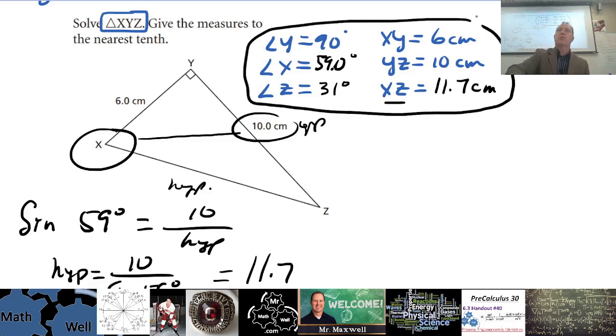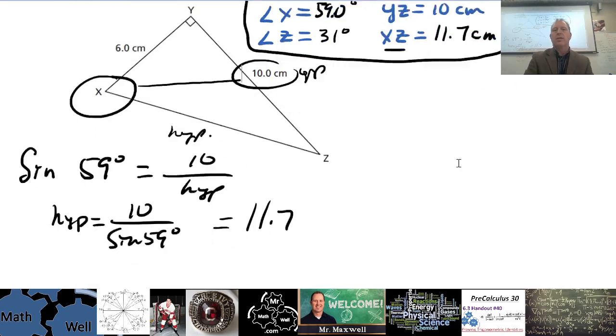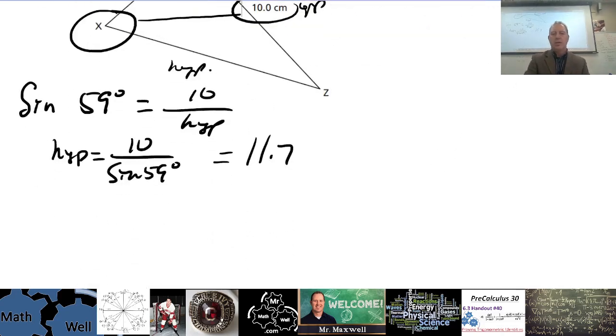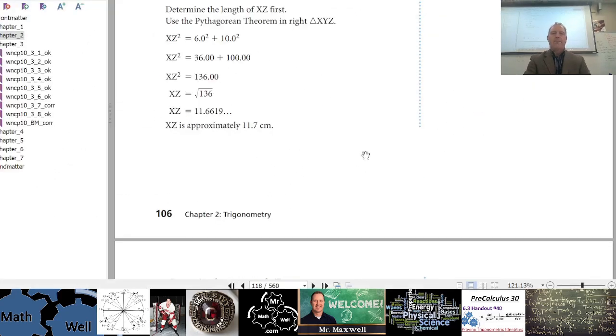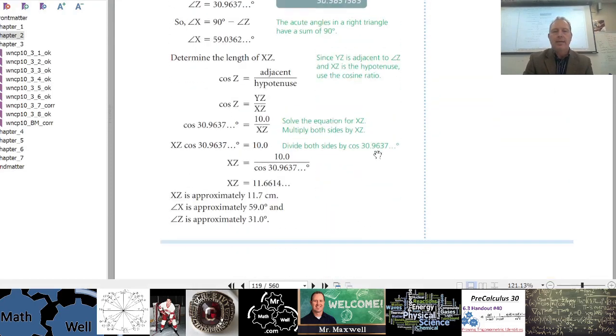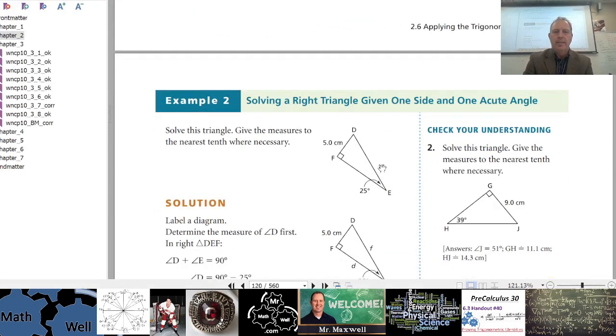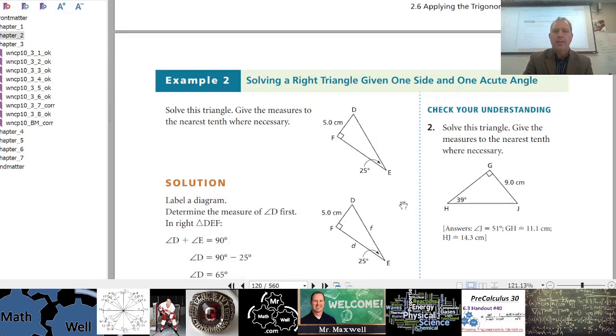So you have options in solving. Sometimes the trig is easier. Most of the times the trig will be pretty easy. All right, very good. Let's see, solve this triangle, given one angle and one side.